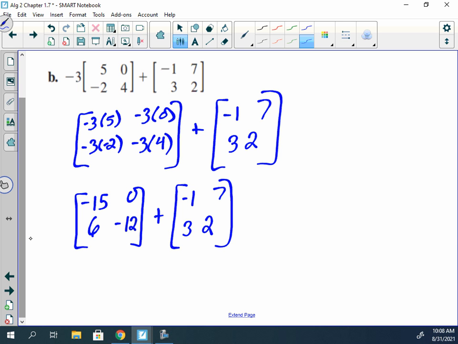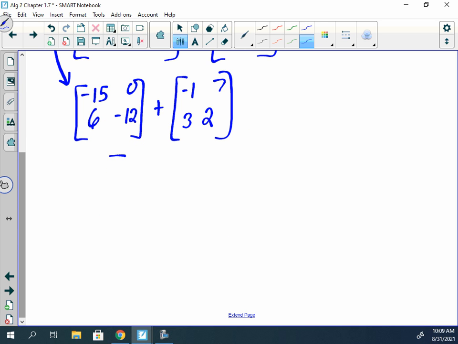You have to do one side first, put that to its side, and then do the other side, then come back down and add it. I was just doing this stepped out, because if you guys can see, negative 3 times 5 is negative 15, negative 3 times 0 is 0. Go from this step to this step, that's fine. I'm just writing out so that we can see how it's all working.